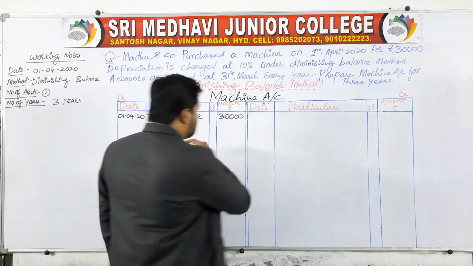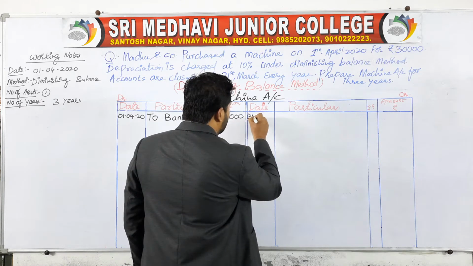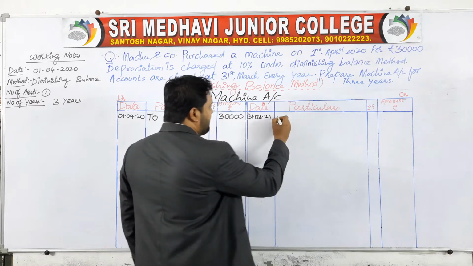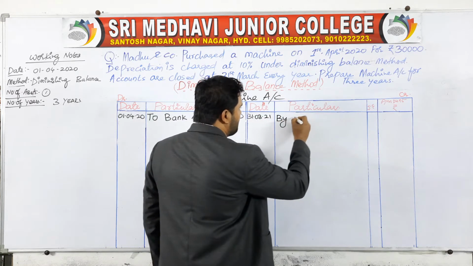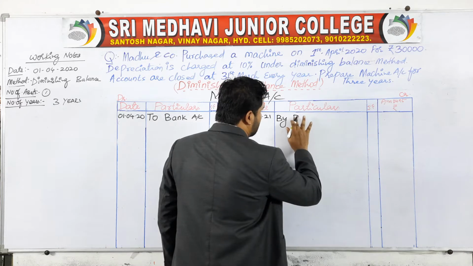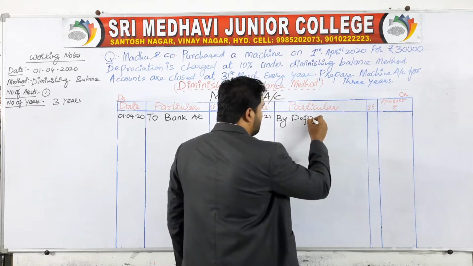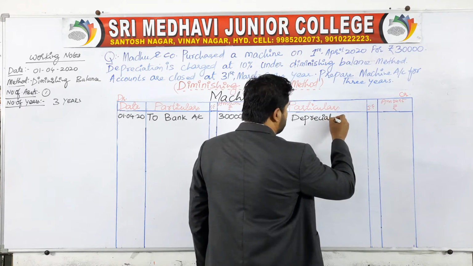30,000. This year is going to end on 31st March 2021 by depreciation account.